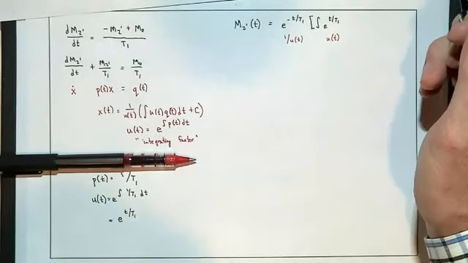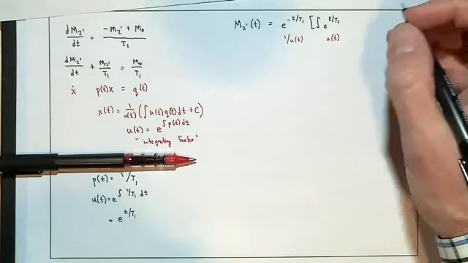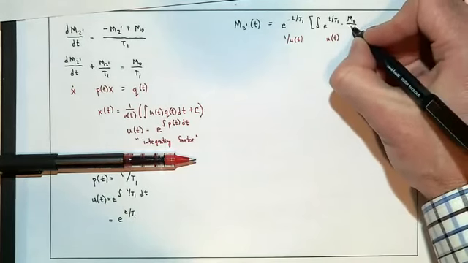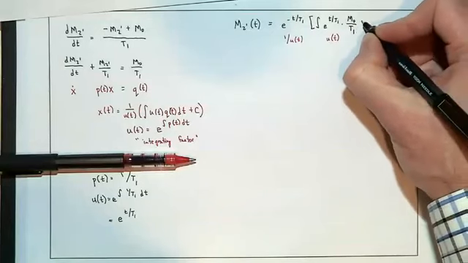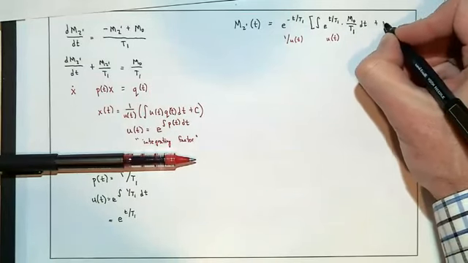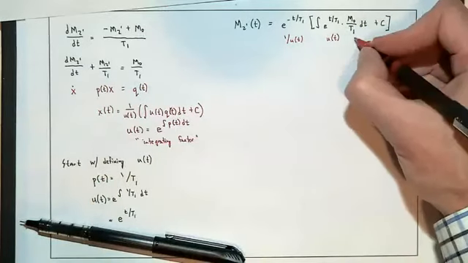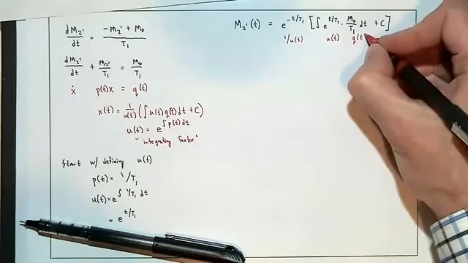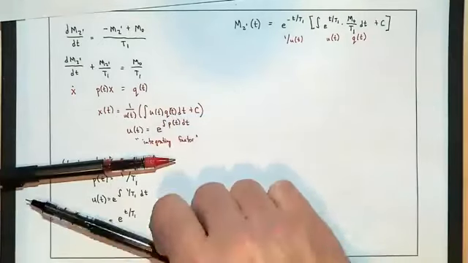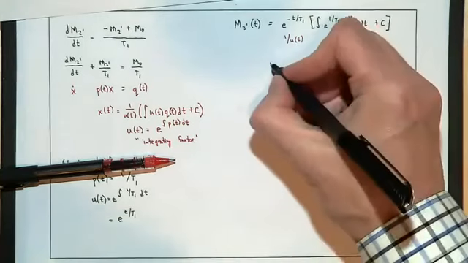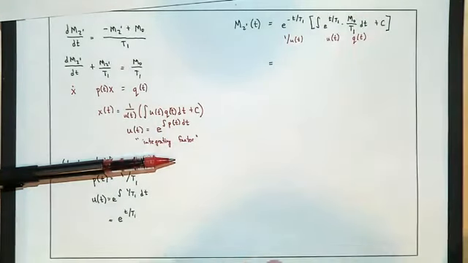times m0 over t1 dt plus some constant, close up my brackets. And that second term here is the so-called q of t, as I had in that general expression a little while ago. We need to work through a little bit of algebra to boil this down to something useful.